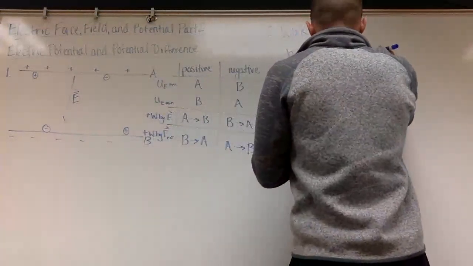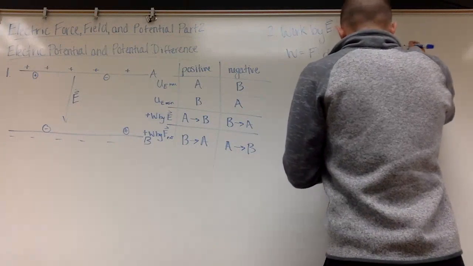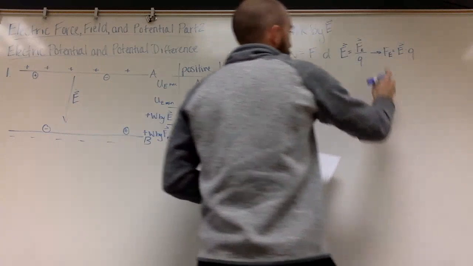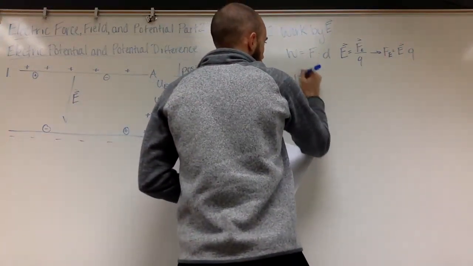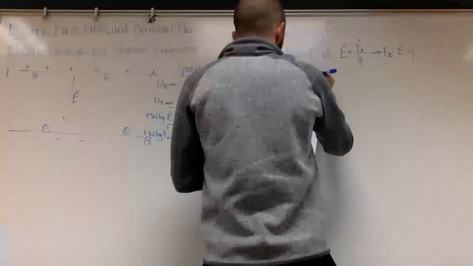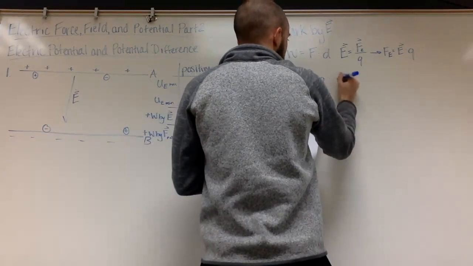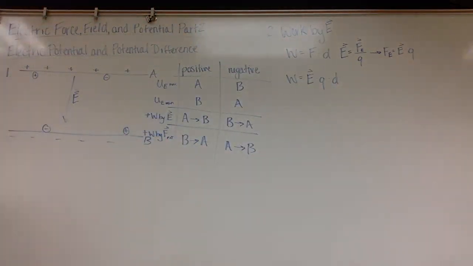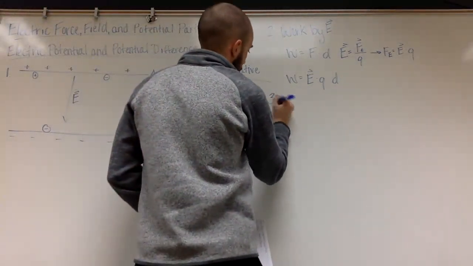So we're just solving for electric force. We can now plug this in over here. And when we do that, we get that work is equal to electric field times the charge of the particle times how far it travels in the electric field. You can also write it QED, whatever order you like them in.